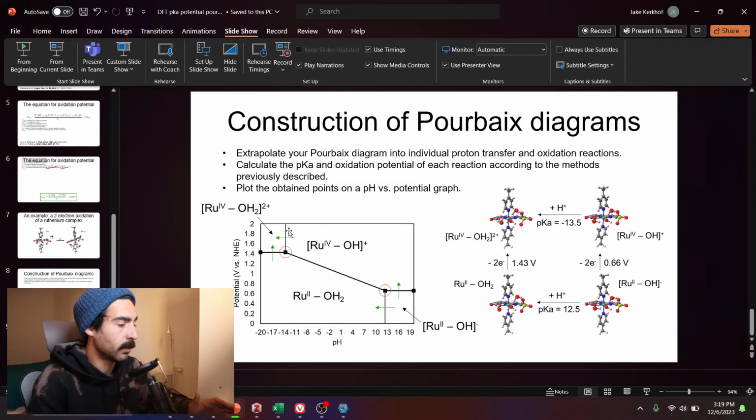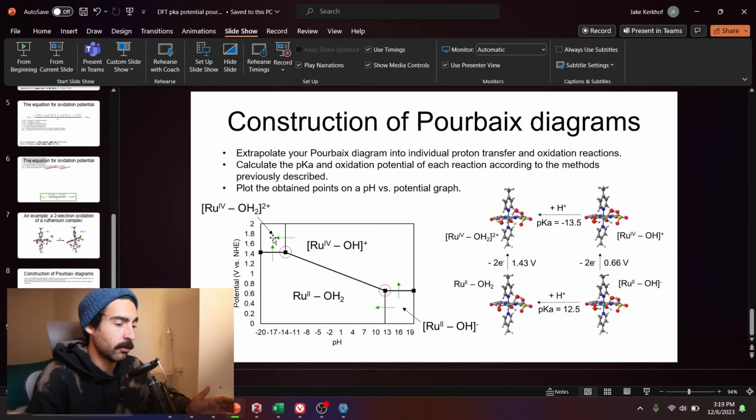And in between both of these regions, there's going to be a proton transfer reaction. And at the intercept of these points that I have circled in red here, these are going to be the points we're trying to identify using 4 reactions, the 2 oxidation reactions and the 2 proton transfer reactions.